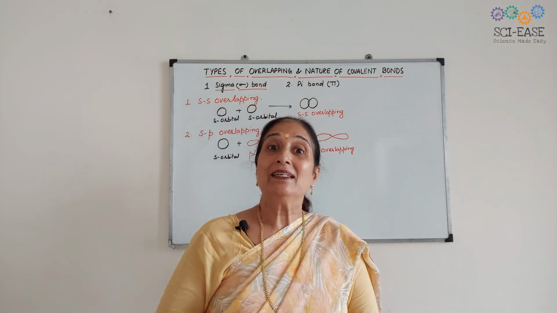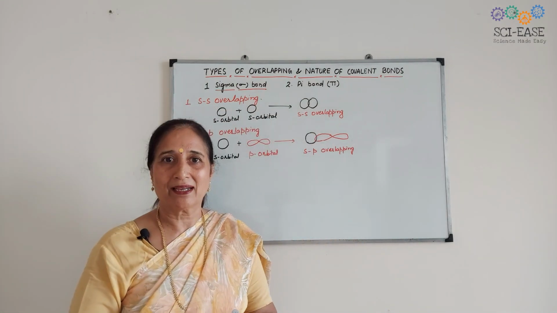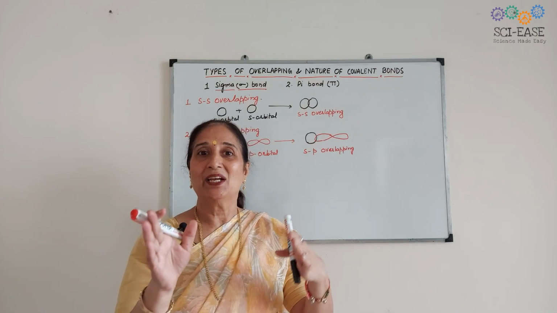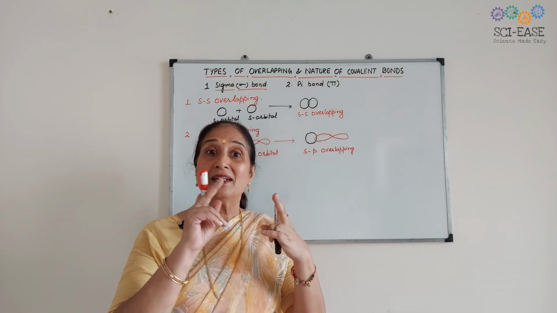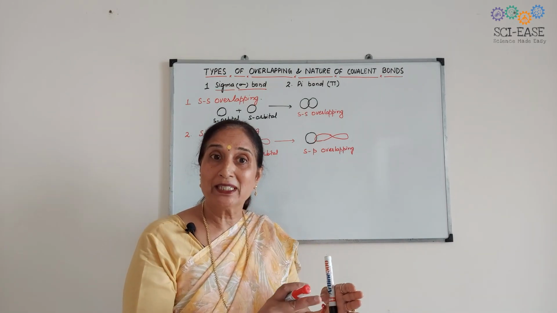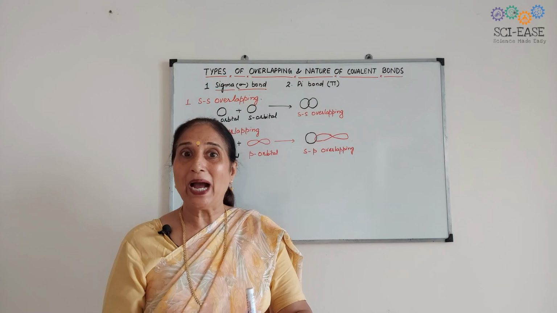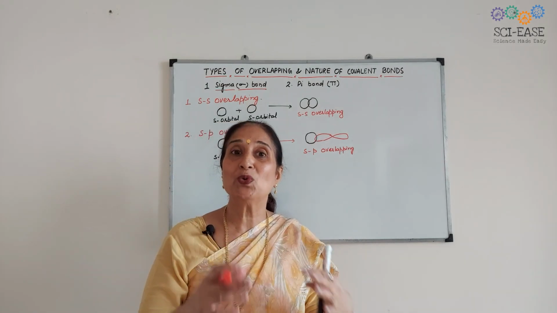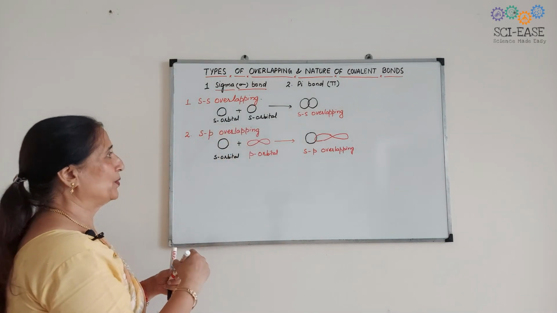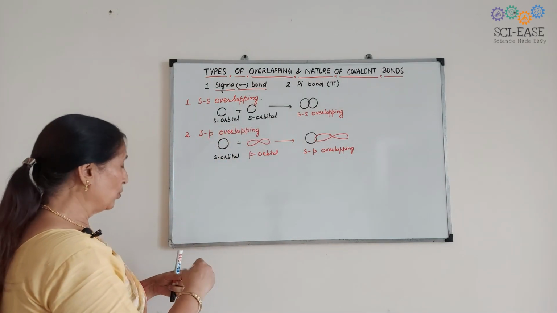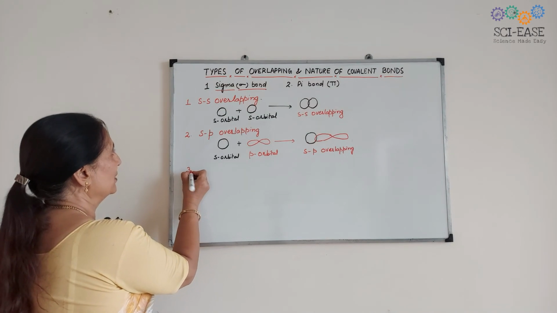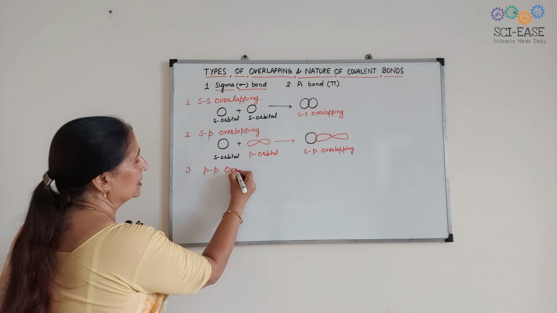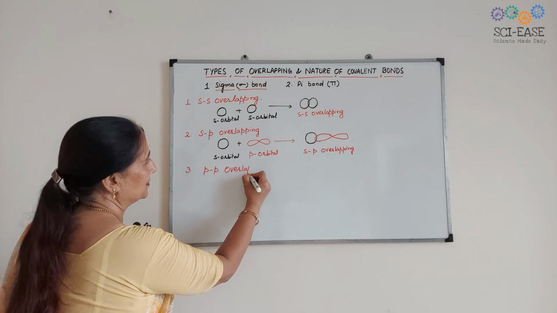Now what will be the third type of overlapping that I am going to tell you? That will be pp overlapping. Here two p orbitals from the two atoms will be bonded together, they will get overlapped, and this will result in the formation of pp overlapping.